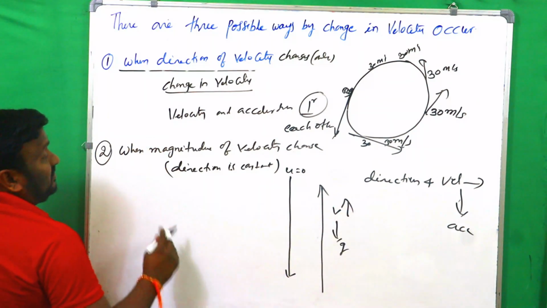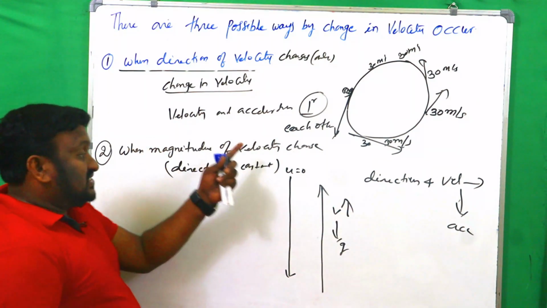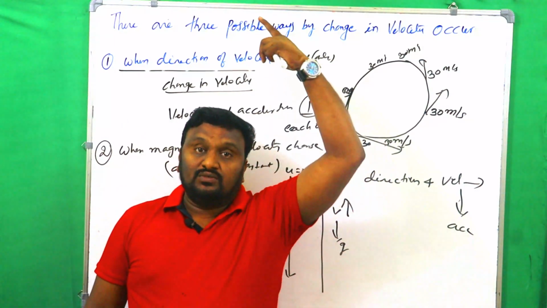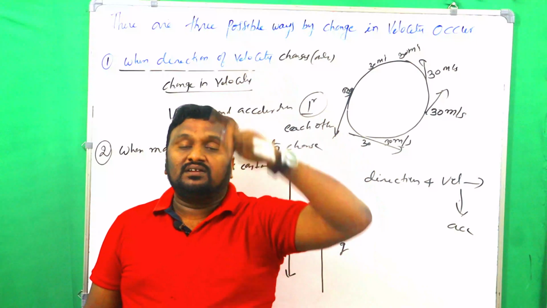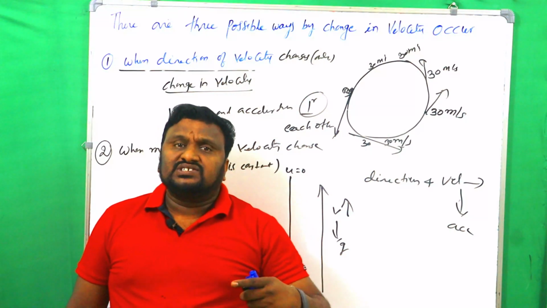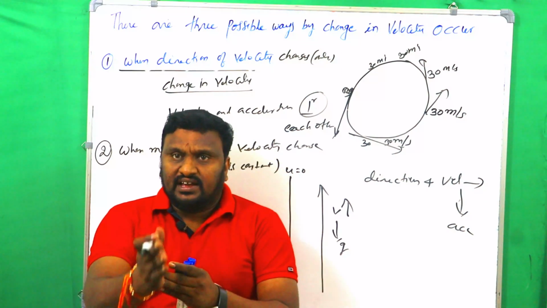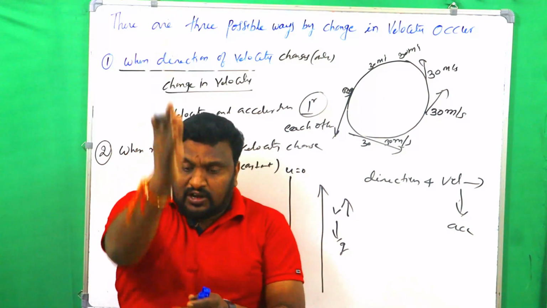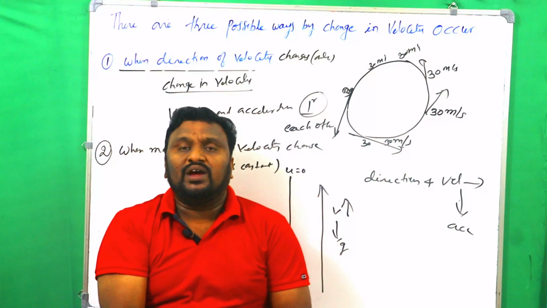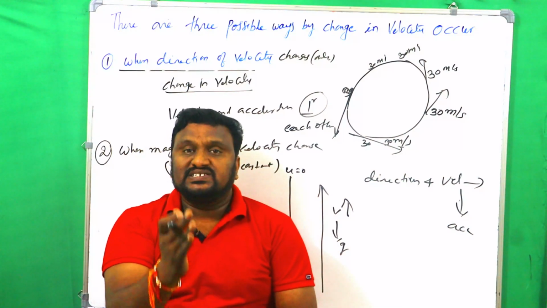Clear? That's why here, when the body is moving along the vertical path or straight line path, obviously the velocity magnitude changes. But here, the vertically projected body and the freely falling body are moving along only one particular y-axis. So that's why it is a straight line.